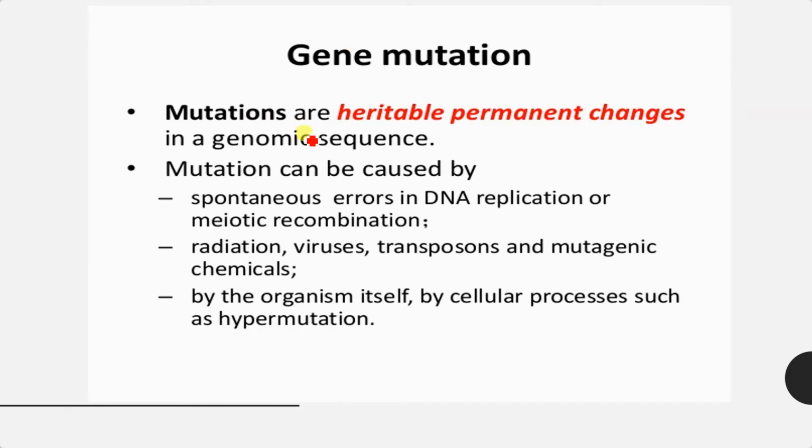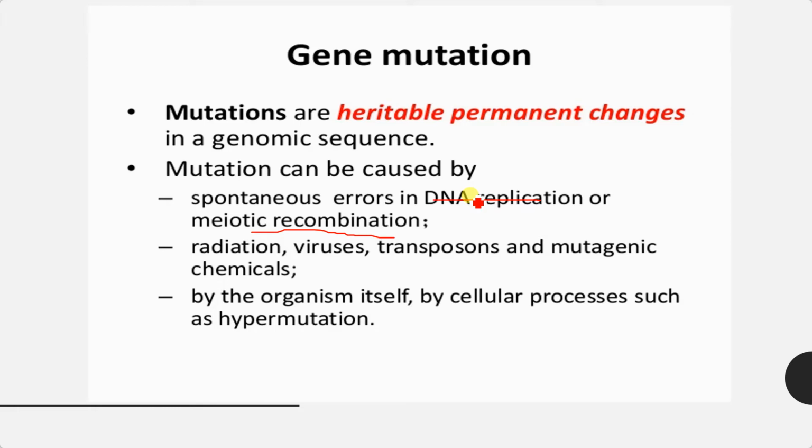The mutation may be caused by a spontaneous error in DNA replication or meiotic recombination. We are all very familiar that DNA has a wonderful proofreading mechanism, and we also have the post replication repair mechanism.